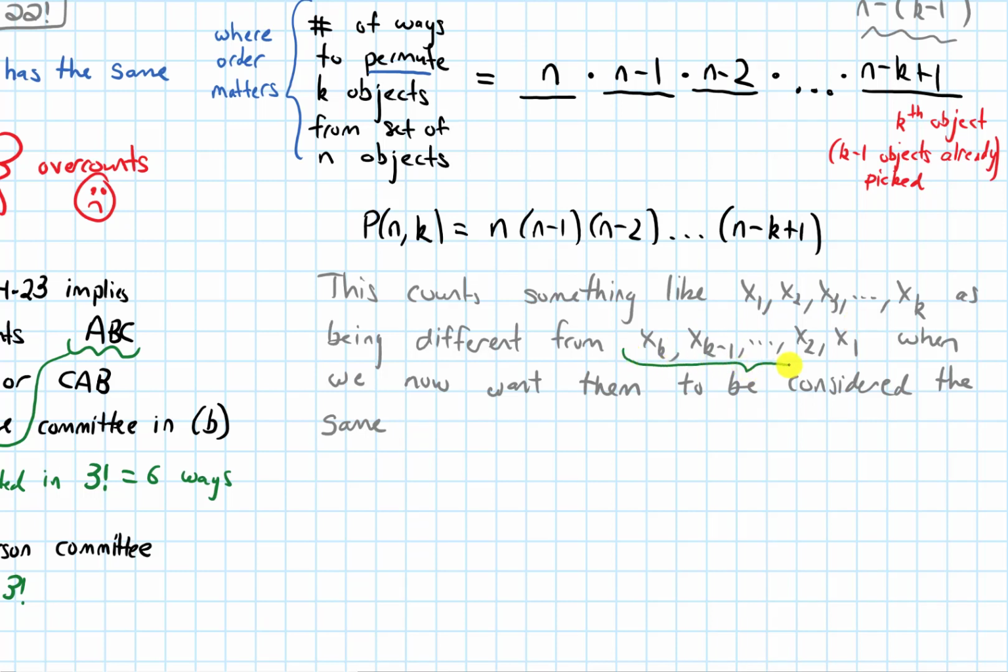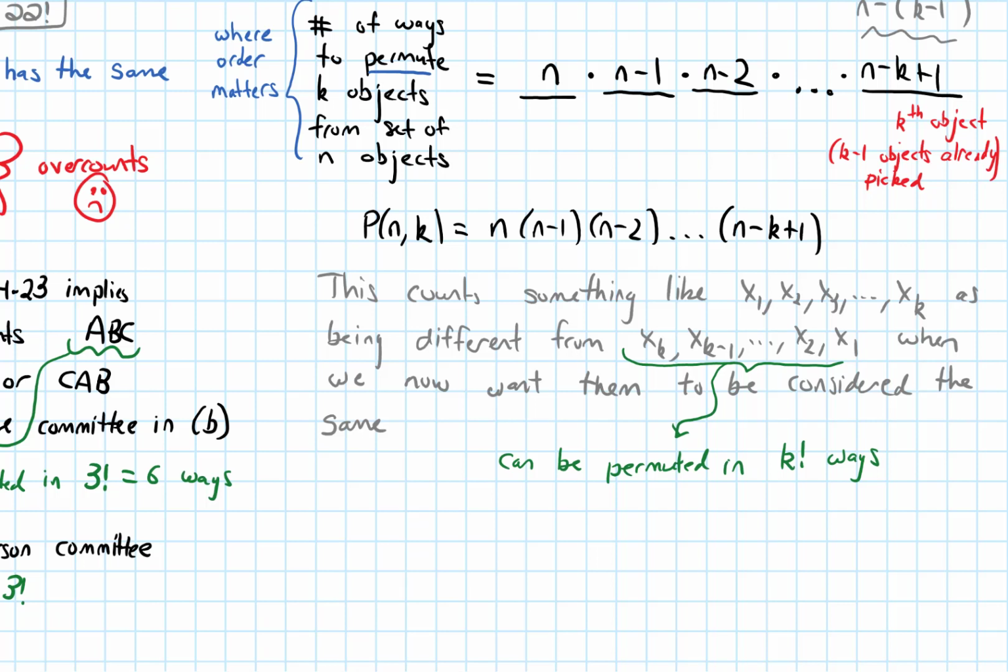So what we're going to do, as we saw in the last video, is we're going to think about how many ways can these k objects be permuted. These can be permuted or rearranged in, so there's k objects that we've chosen, k objects in this list, so they can be permuted in k factorial ways.